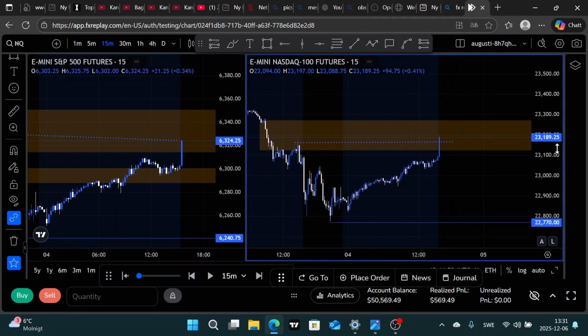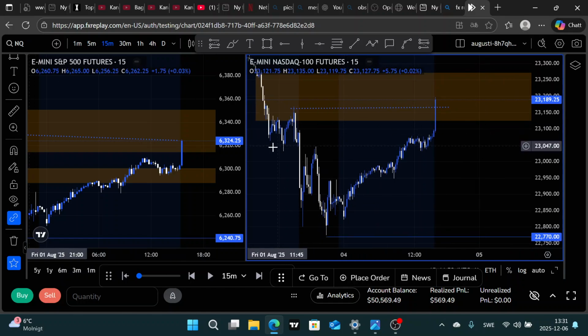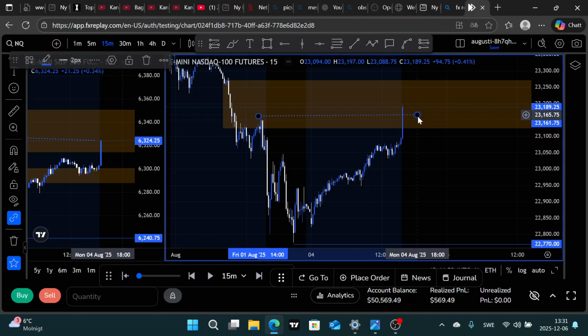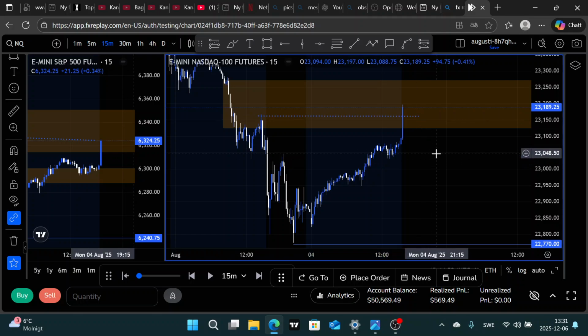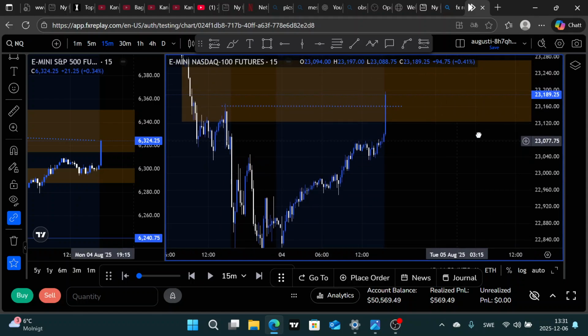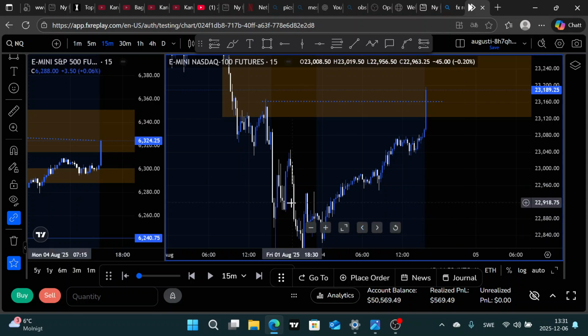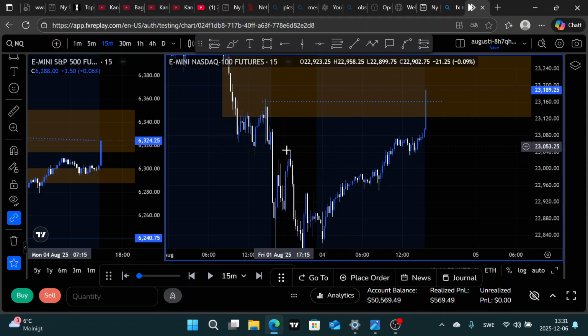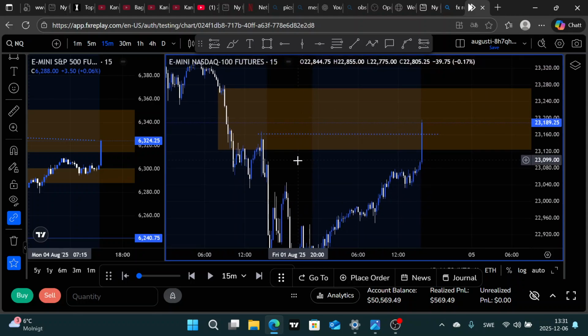So in 15 minutes we ran through all these value gaps, which is here, and we also sweep these internal highs, and at the moment we respect this 4-hour bearish value gap.